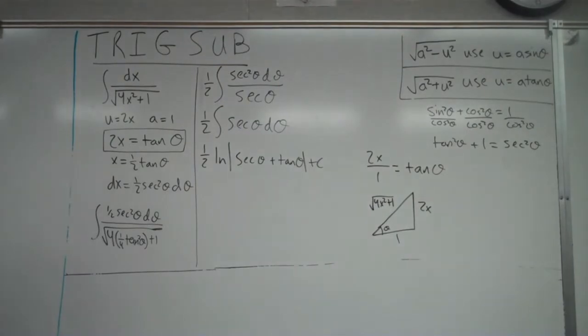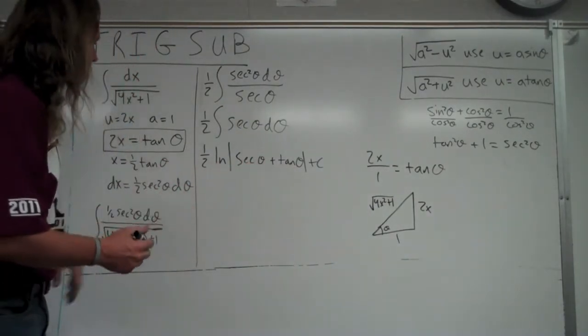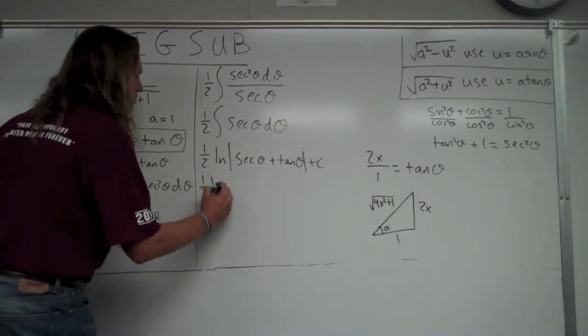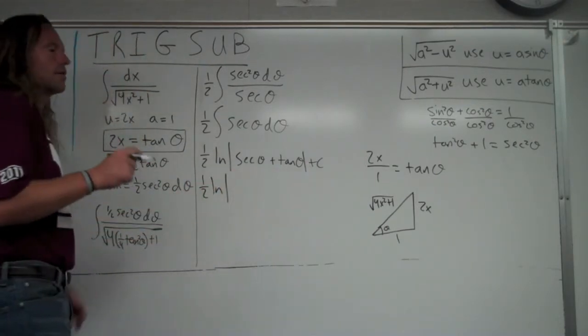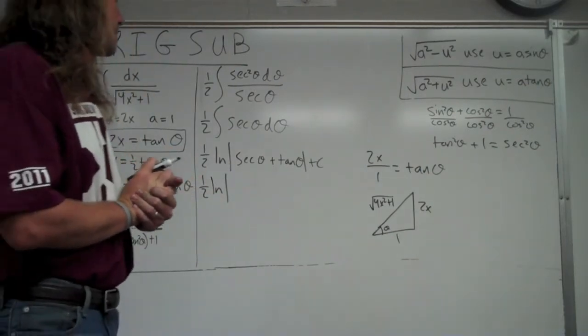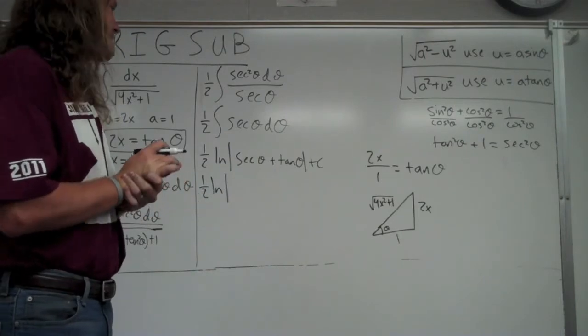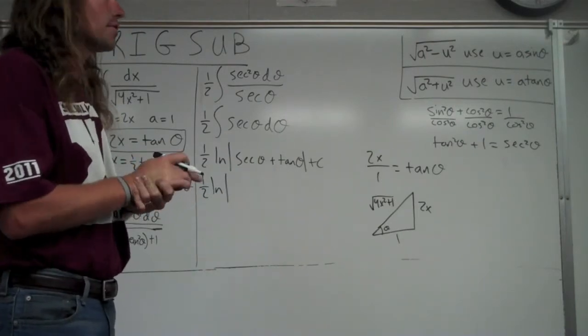Alright, so I'm going to use this triangle to find what secant theta is and tan theta. Secant is 1 over cosine. Cosine is adjacent over hypotenuse, so secant will be hypotenuse over adjacent.